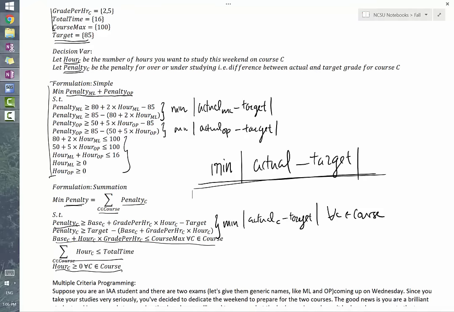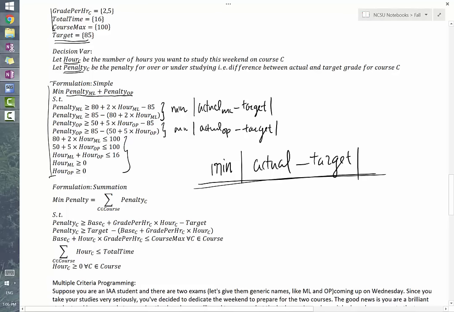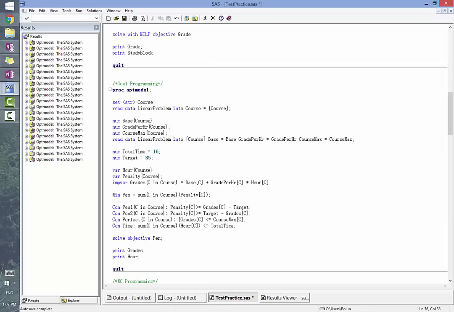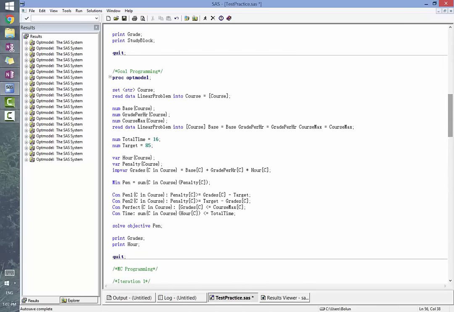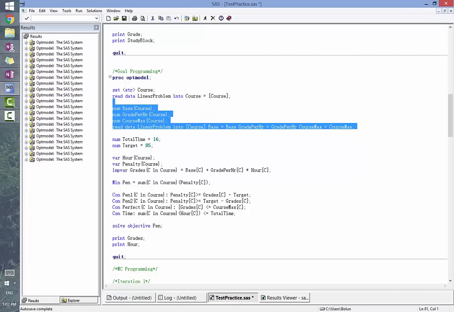So, as usual, we're going to take our summation formulation to SAS. There it is, goal programming. Very, very similar to linear programming. We begin by creating our set, the course, and read it in. We then read in all our inputs.